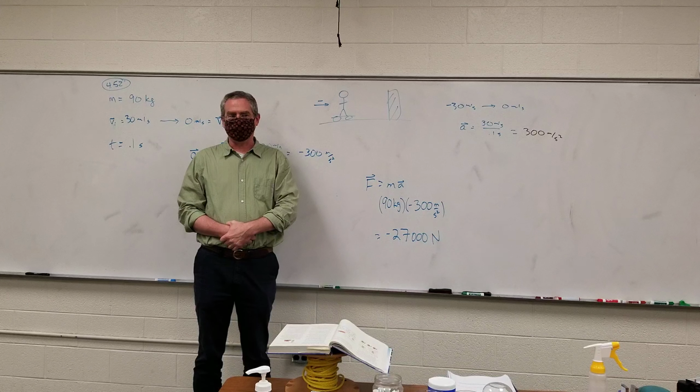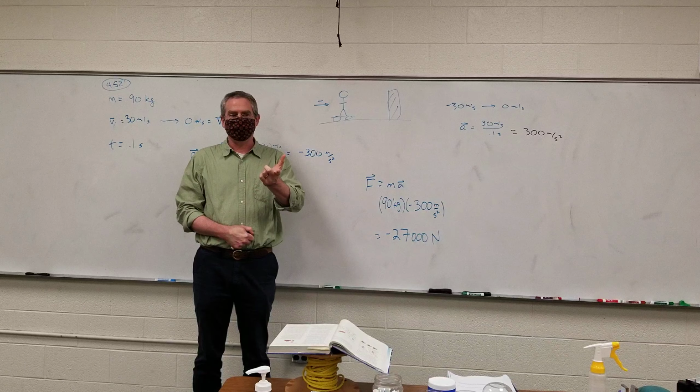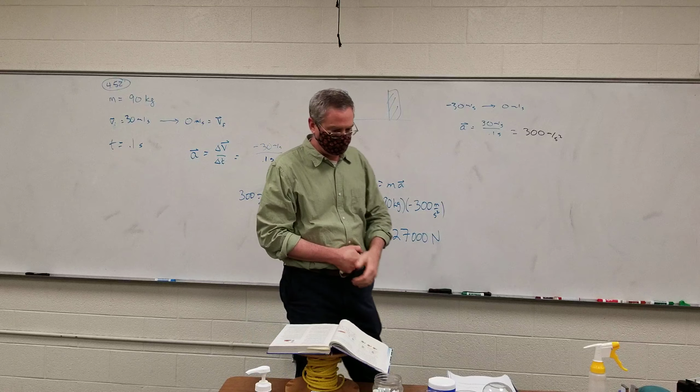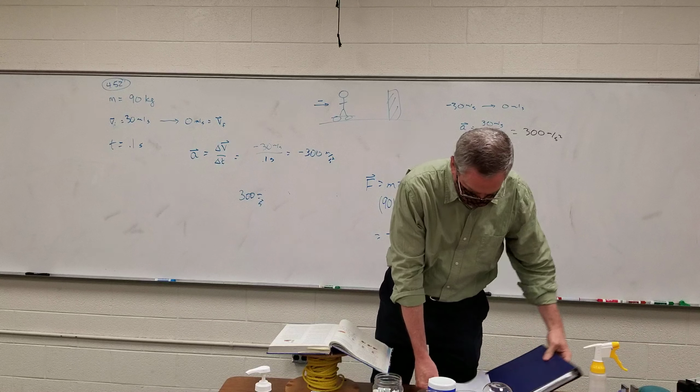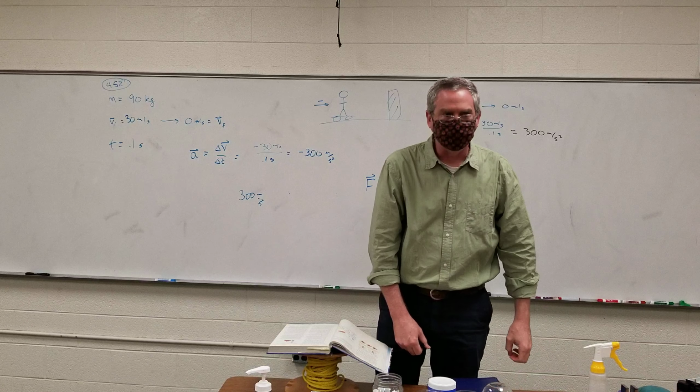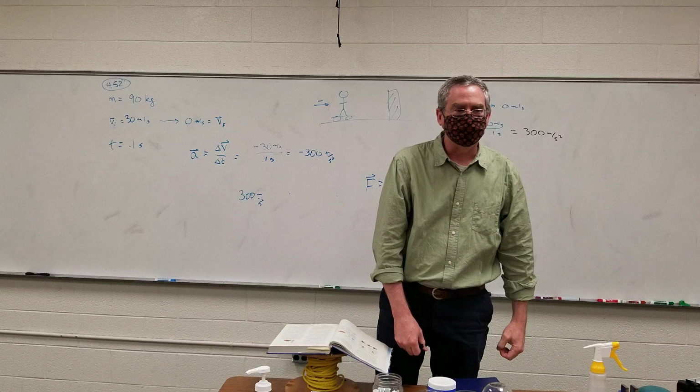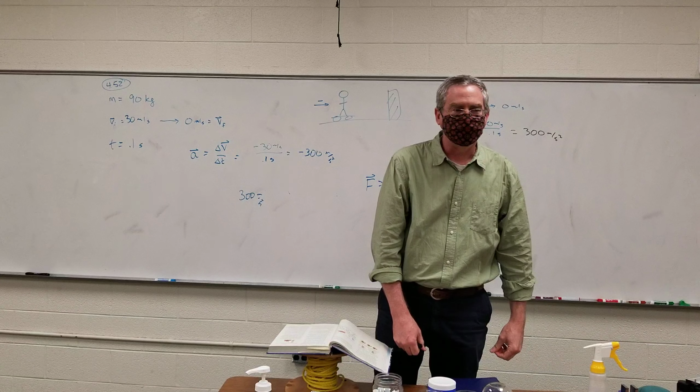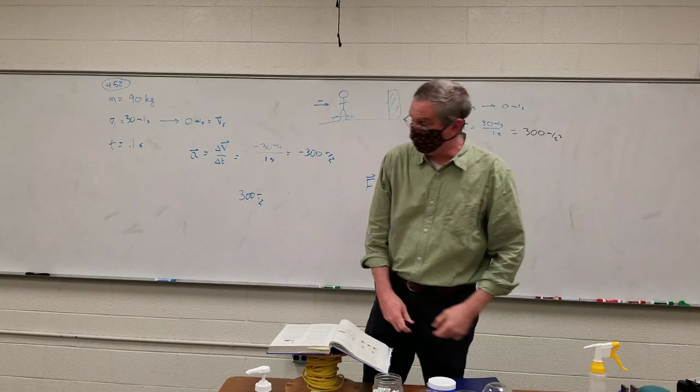Other questions from chapter 4? Yeah, I have another question. I can't find a problem about it, but could you do an example where you have a box that has a certain mass being pulled with a force both right and up? Oh, right and up? Okay.